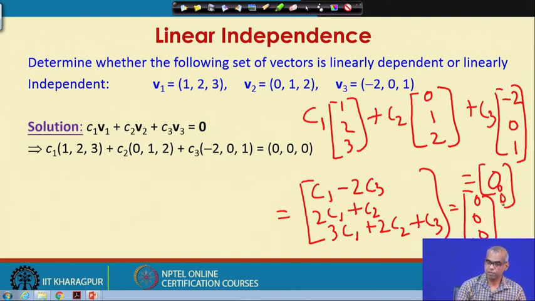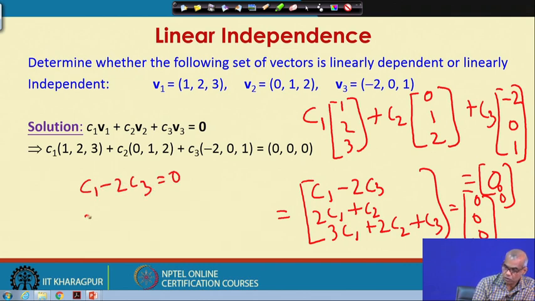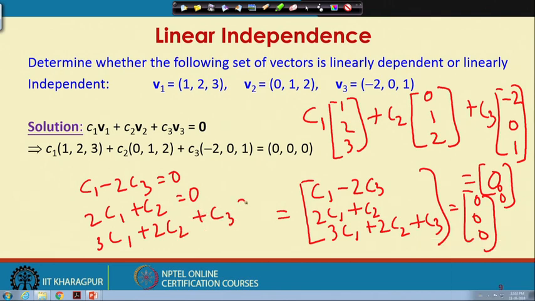So, basically you have 3 equations: C1 minus 2 C3 equal to 0, 2 C1 plus C2 equal to 0, 3 C1 plus 2 C2 plus C3 equal to 0.